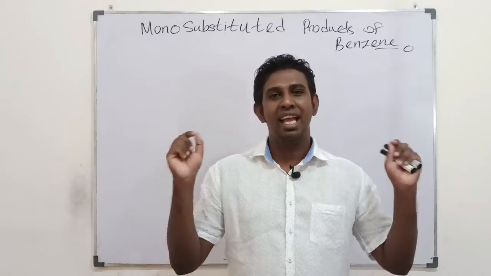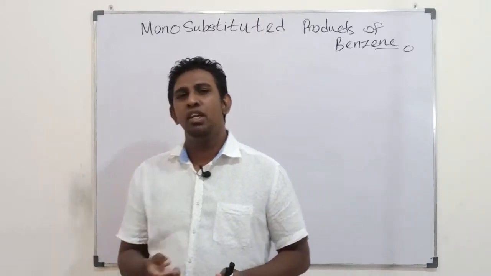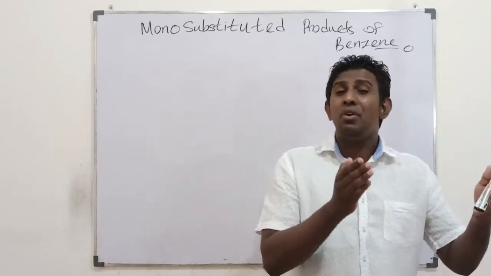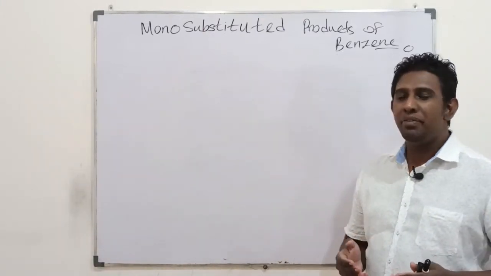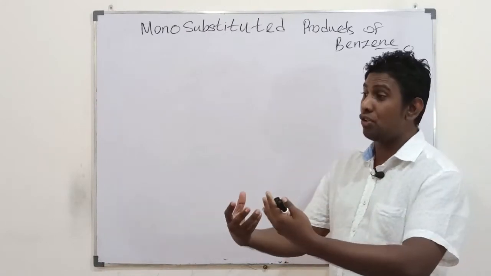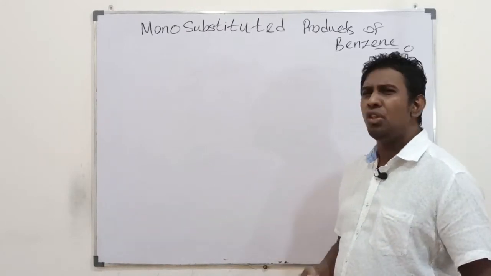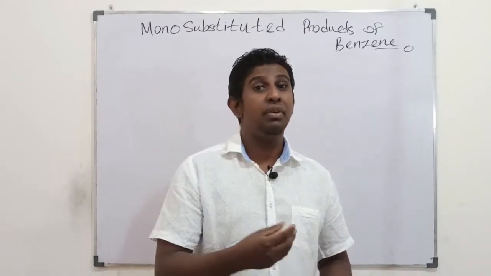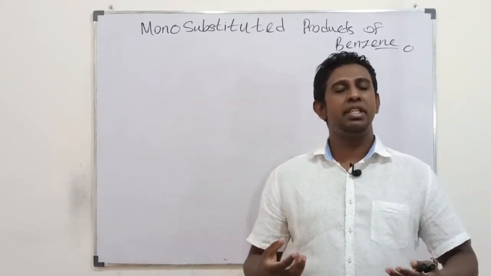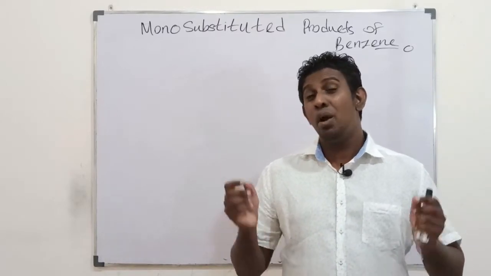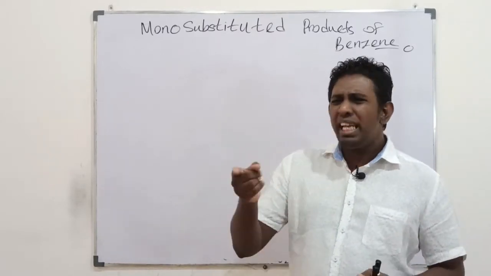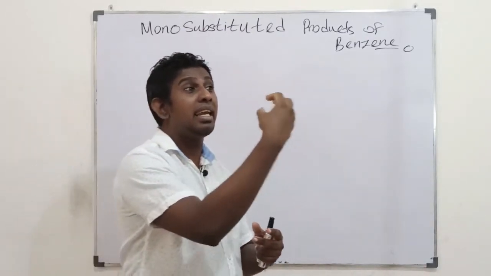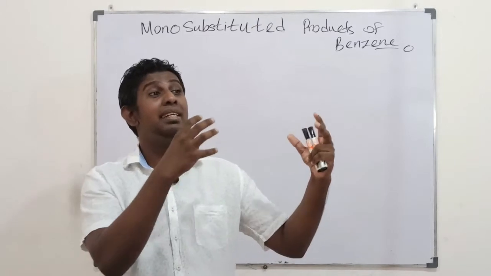Okay, students, then we are going to find out what happens when the benzene ring exhibits such electrophilic substitution reactions. Those electrophiles, which have a thirst for electrons, which have less electron density, which are positively charged, get attracted towards the benzene ring, seeing its rich electron cloud or high electron density.